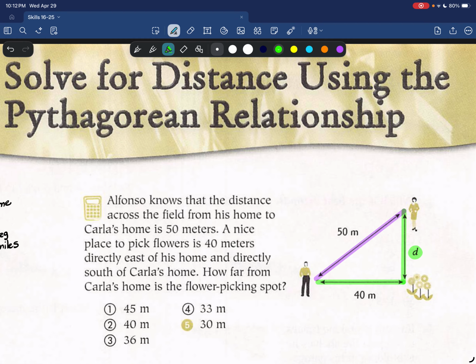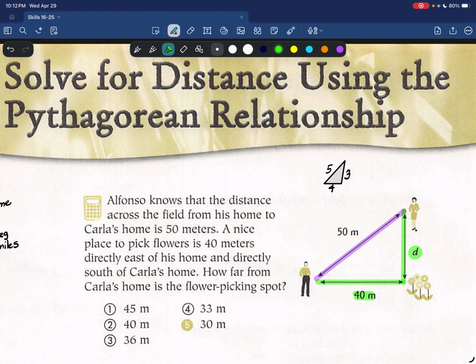Now I'm going to do this the way I'm supposed to, but I want you to notice something. Remember that little baby? 3, 4, 5. Look at what we have here. We have 50, 40.